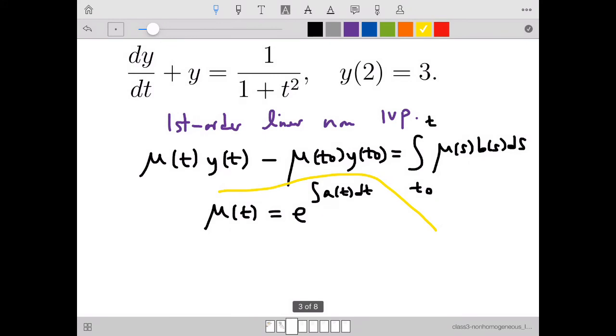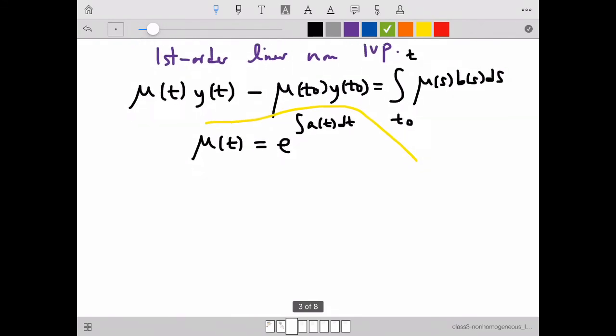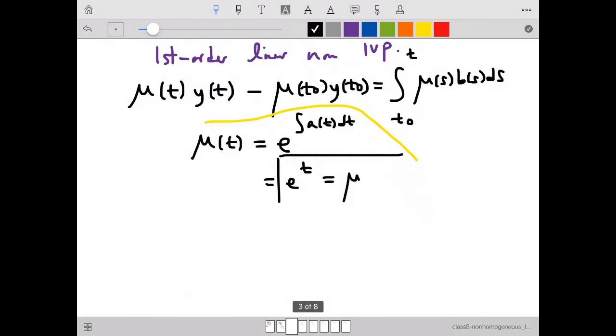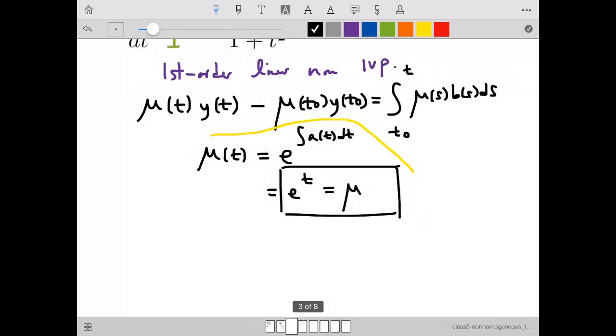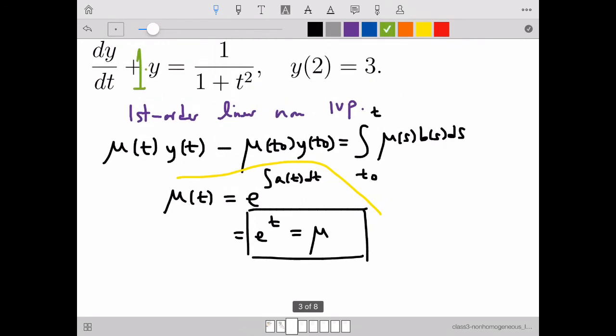Okay, so what's my a of t? It is the constant function 1. So here I get e to the t as mu. And that's t0 and that's y0.